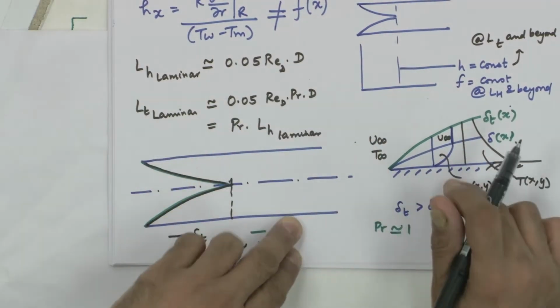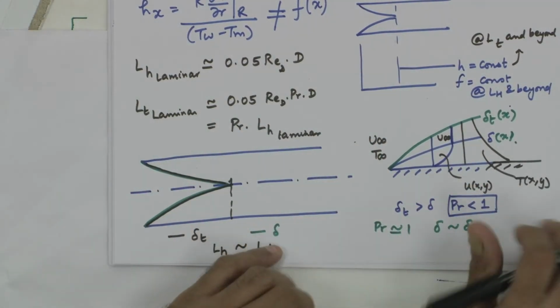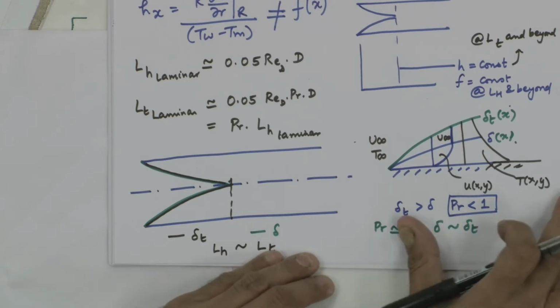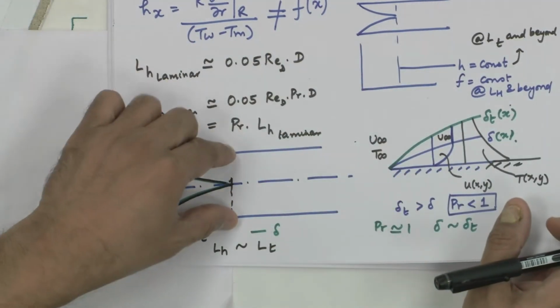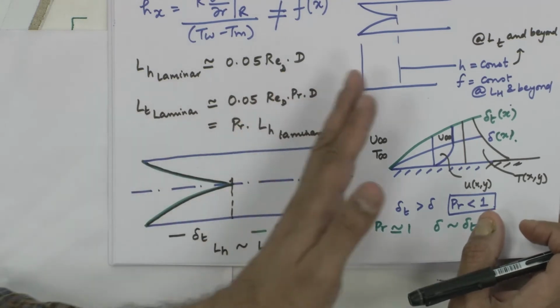As we saw here, in my energy equation, when I try to solve, rho Cp u dT by dx, the u here is now going to be invariant at any x, just as how u became equal to u infinity in this part.